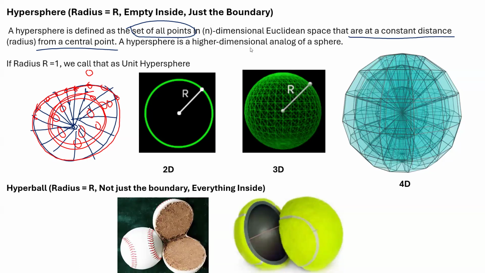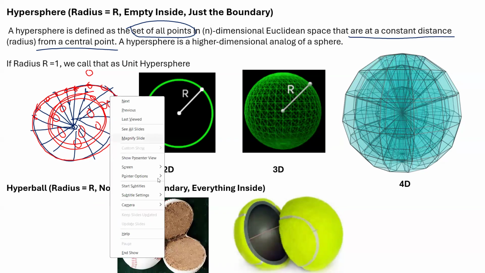A hypersphere is a high dimensional analog of a sphere. If the radius R is equal to 1, we call that a unit hypersphere. When the length of the side is equal to 1, we call that a hypercube. That is what a hypersphere is.